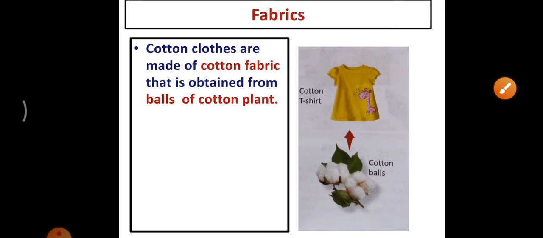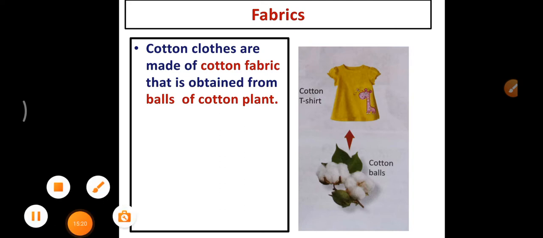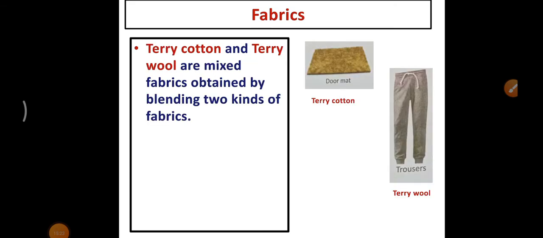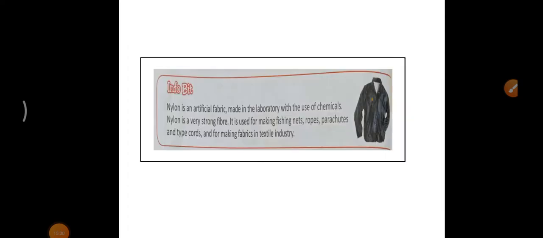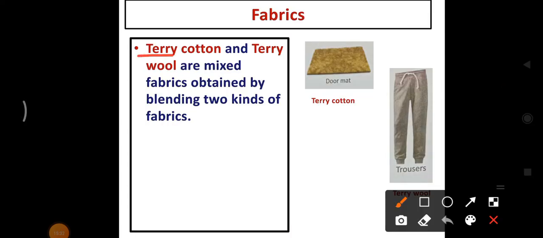So there are three types of fabrics. One is woolen, another is silk, and the third one is cotton. The next one is terry cotton and terry wool. What is meant by terry cotton and terry wool?